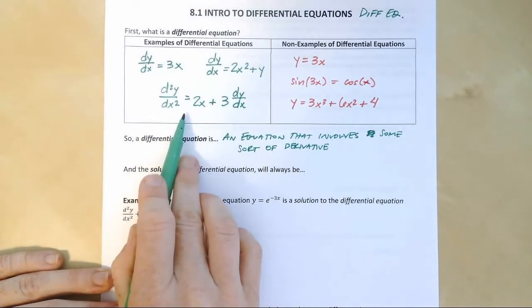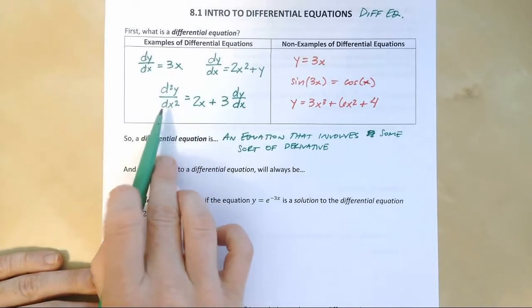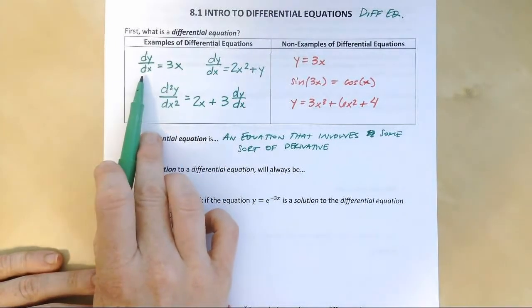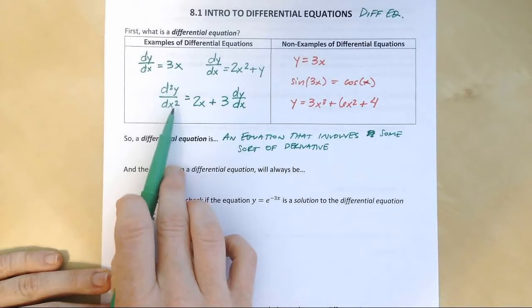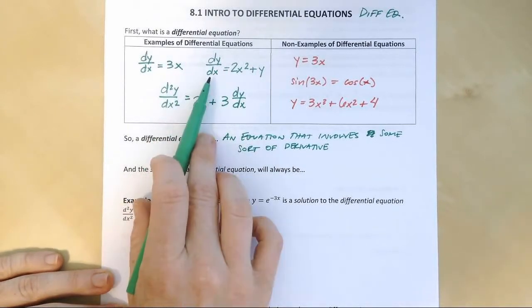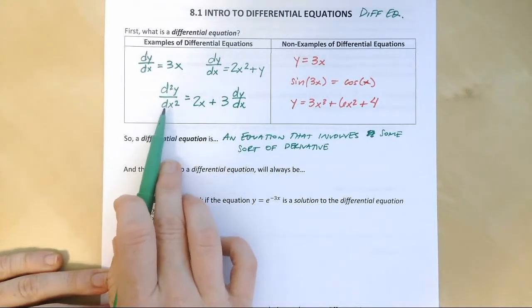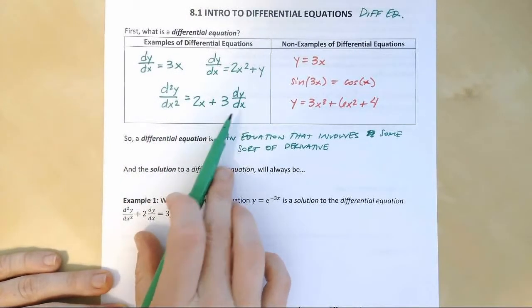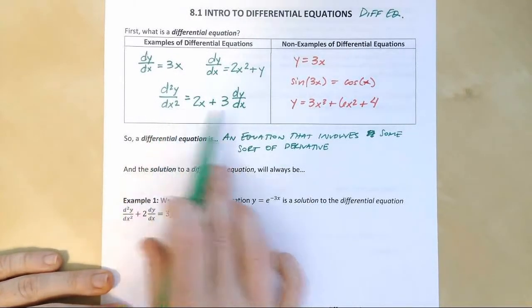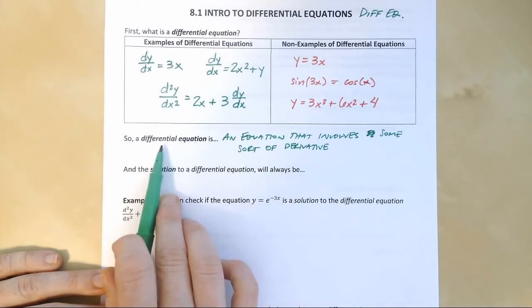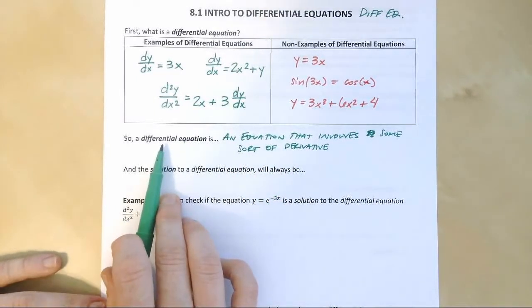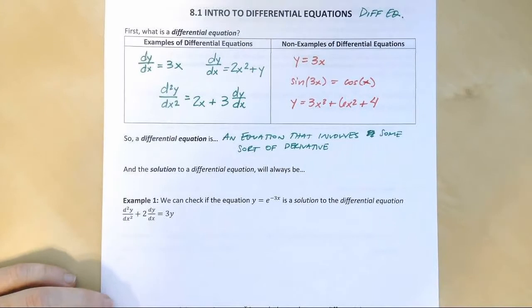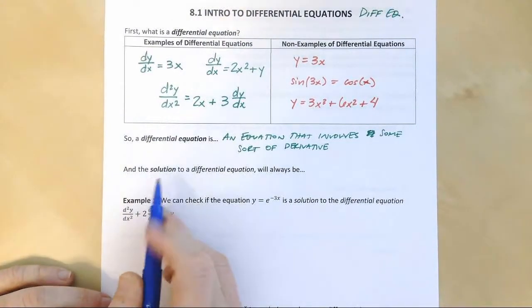Okay, so if you look at our examples over here, all these examples involve derivatives. We had dy dx, second derivative, d squared y dx squared, dy dx. It can involve both the second derivative and the first derivative. A Diffie-Q can have any kind of derivative, and it will be a differential equation, an equation with any kind of derivative.